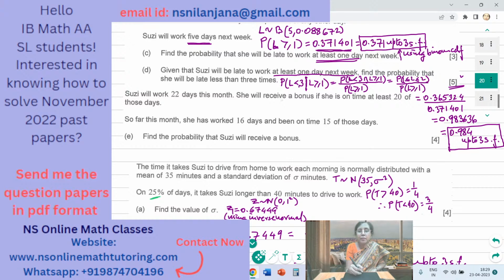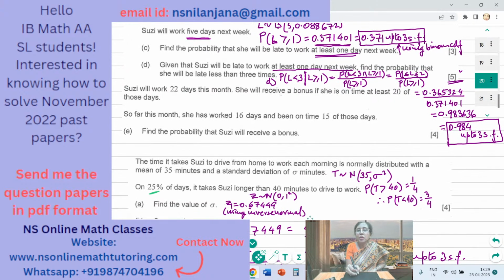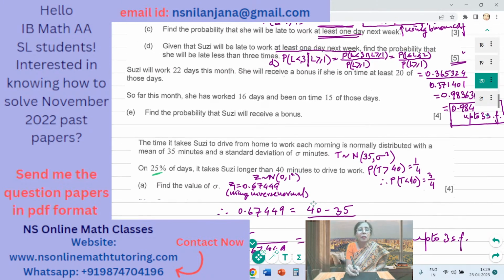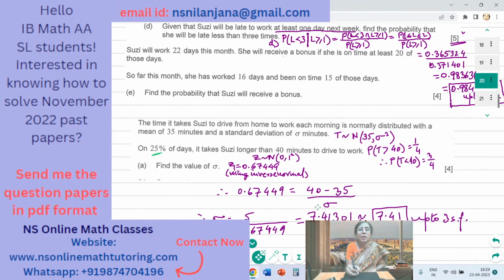This was subpart D, this was the answer to subpart D. And now let me bring down this question.